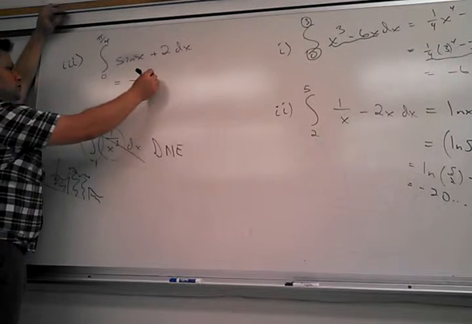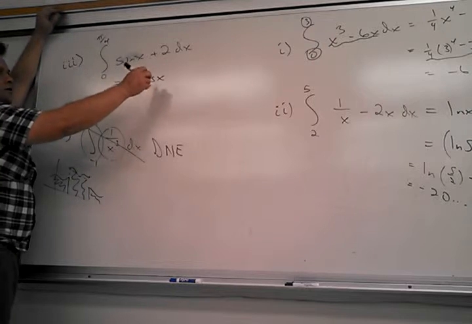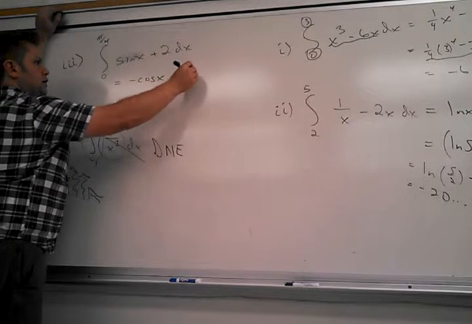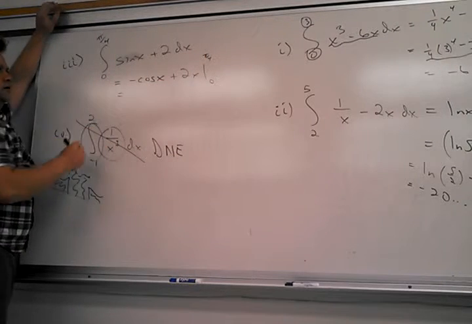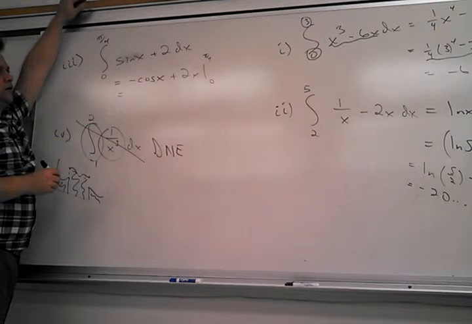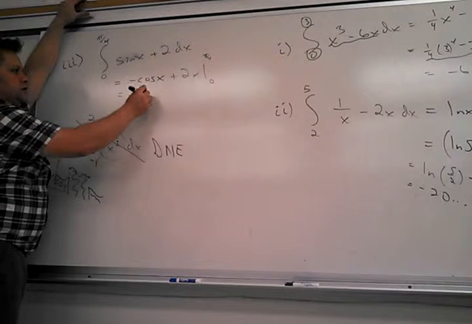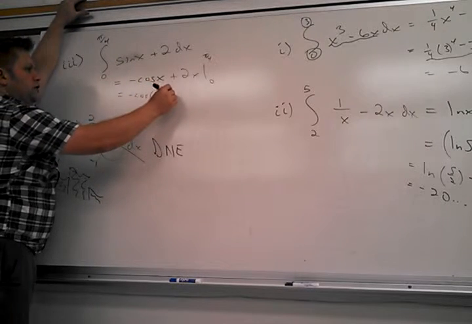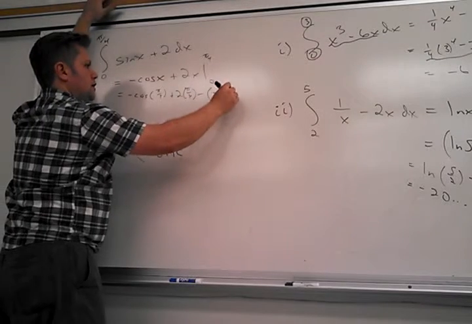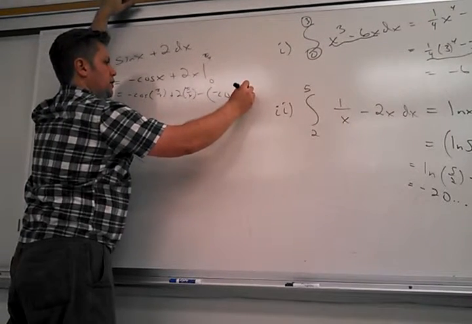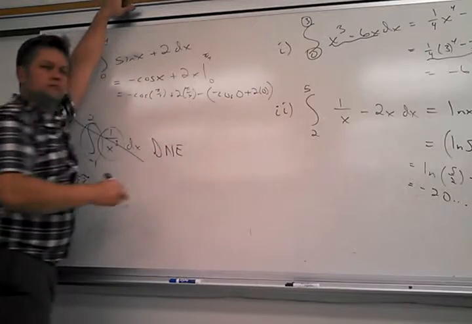Yeah, good. So two things there. Negative cosine plus 2x, and I want to go from 0 to pi over 4. So I get negative cosine pi over 4 plus twice pi over 4, minus negative cosine of 0 plus twice 0.